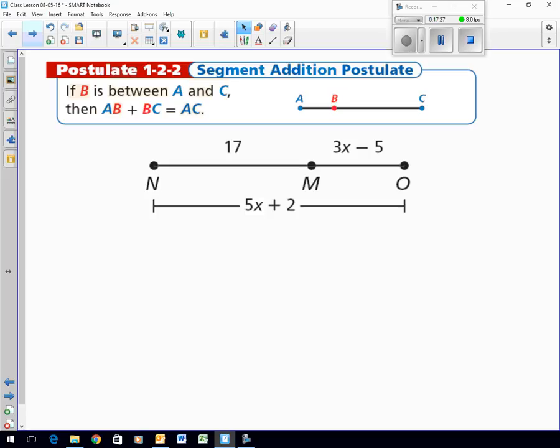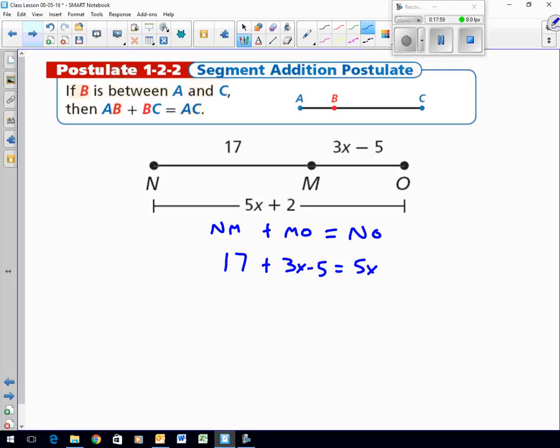I'll show you how to set it up. I'm not going to say anything else, and you solve it after me, okay? Check yourself. If you set it up the same way, you're going to do both. If I take the distance from N to M, which is 17, and add it with the distance from M to O, which is 3x minus 5, it will equal the total distance from N to O, which in this case is 5x plus 2.